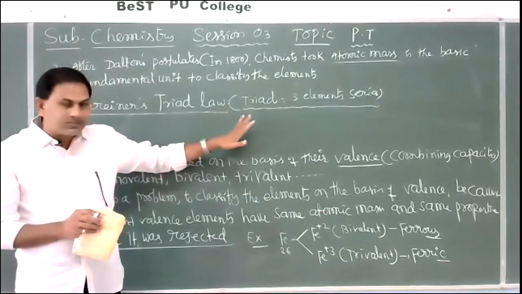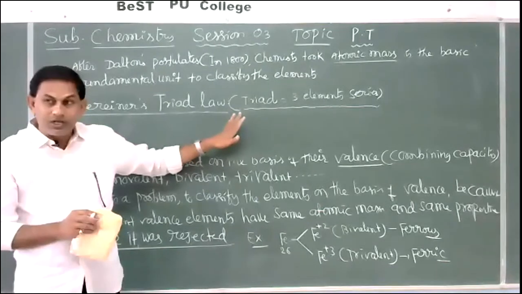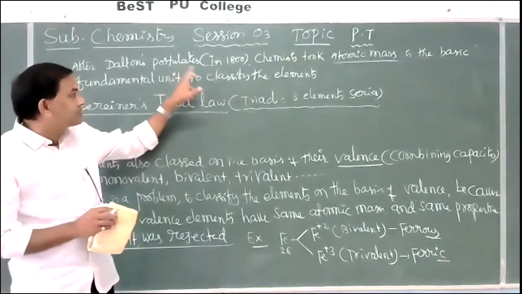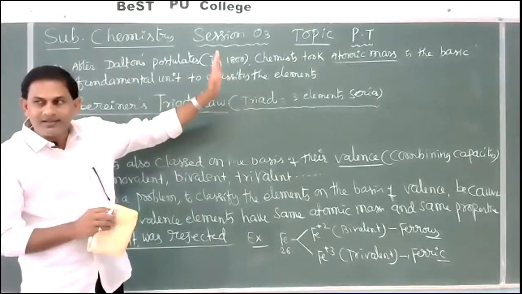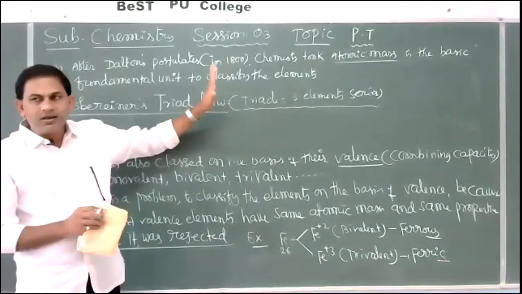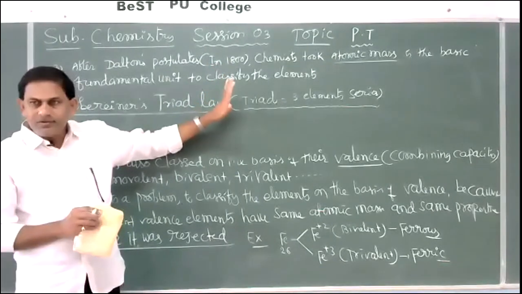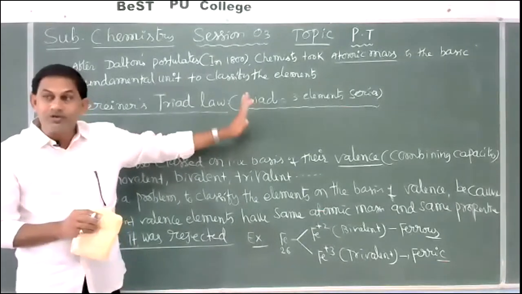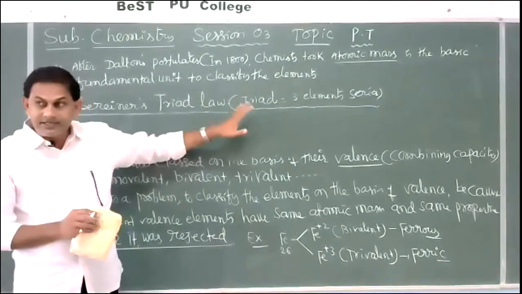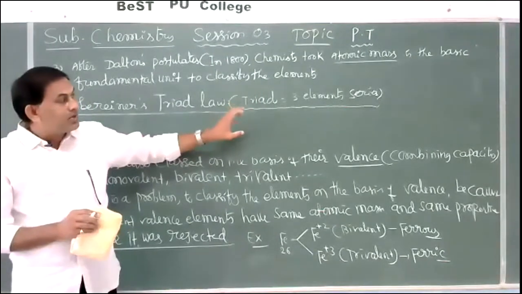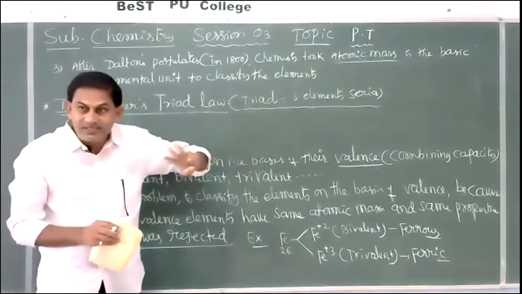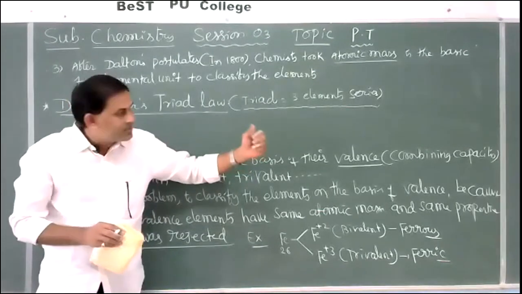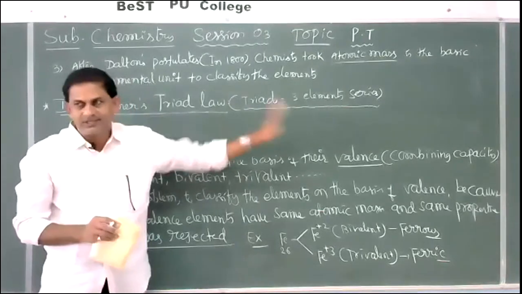Some triads succeeded, but around 1829 to 1865 only about 65 elements were known, and not all were classified under this concept, because in some triads the atomic masses of the three elements were similar, with no difference. That's why this law was also rejected.